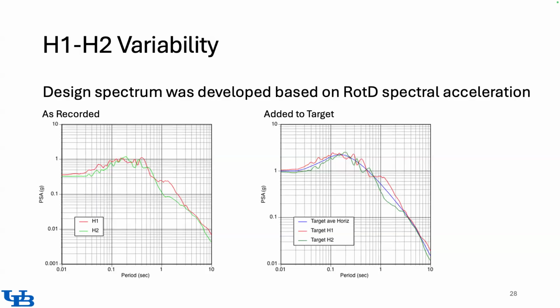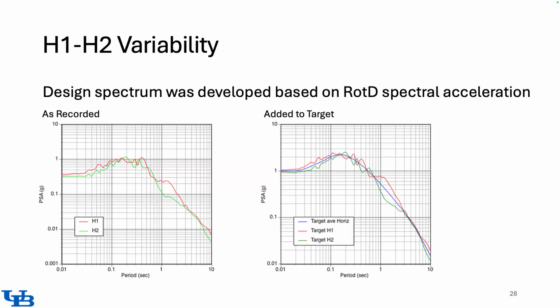And as an example, if we have the two components of the scenario that we want to use in our structural analysis, instead of taking each one of them and making sure that it fits the target spectrum, we can modify them less, so that when we take the average of the time series that are modified by a lesser amount, it is matching the average.